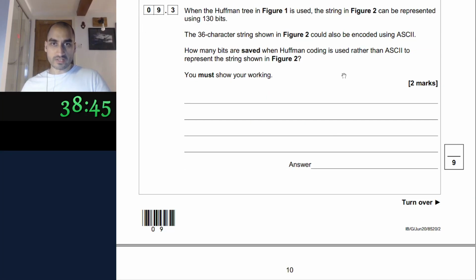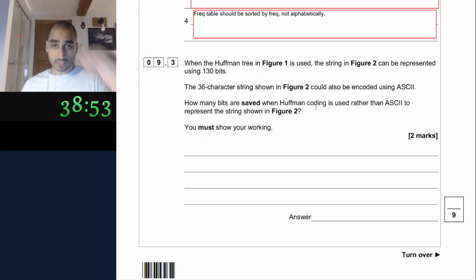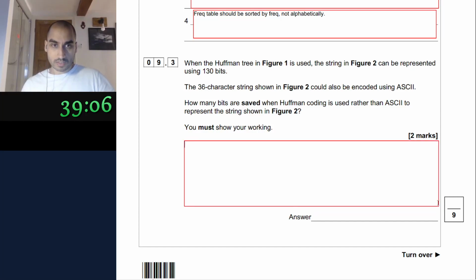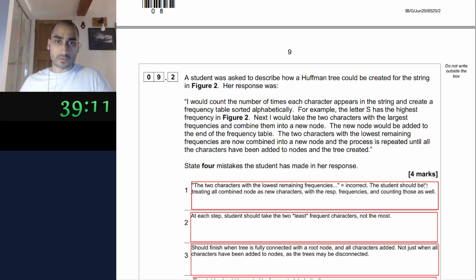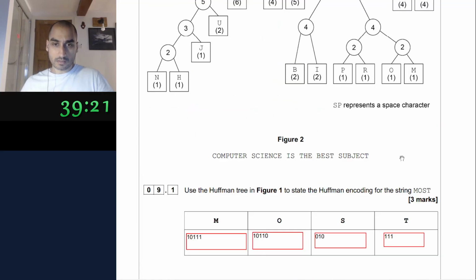When the Huffman tree in figure 1 is used, the string in figure 2 can be represented using 130 bits. This 36 character string shown in figure 2 could also be encoded using ASCII. How many bits are saved when Huffman coding is used rather than ASCII to represent the string shown in figure 2? Okay. So in Huffman, we used 1, 2, 3, 4, 5, 6, 7, 8, 9, 10, 11, 12, 13, 14, 15, 16.